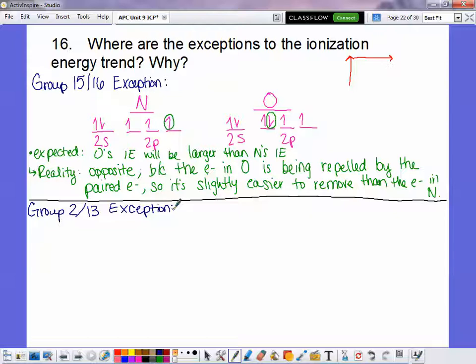But really it's the opposite. I'm going to use boron and beryllium as my examples. Be is just 2s with 2 electrons. Boron is 2s with 2, and then 2p with 1.